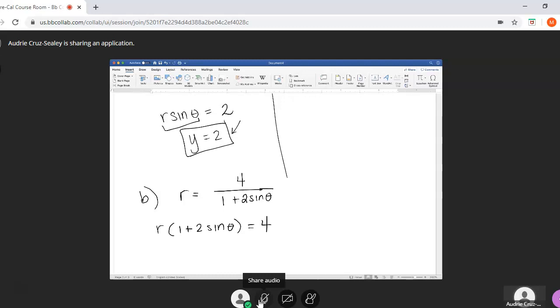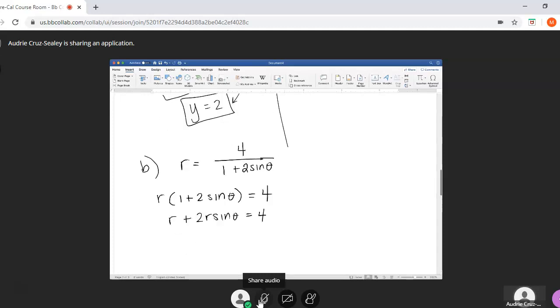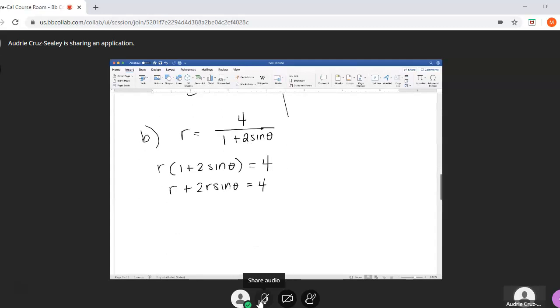And remember, we're trying to get this in terms of x and y. So let me distribute this, and I would get r plus 2r sine theta equals 4. I distributed the r. Now, this comes with practice, but why did I distribute the r? Does anybody see anything that I can convert right now?